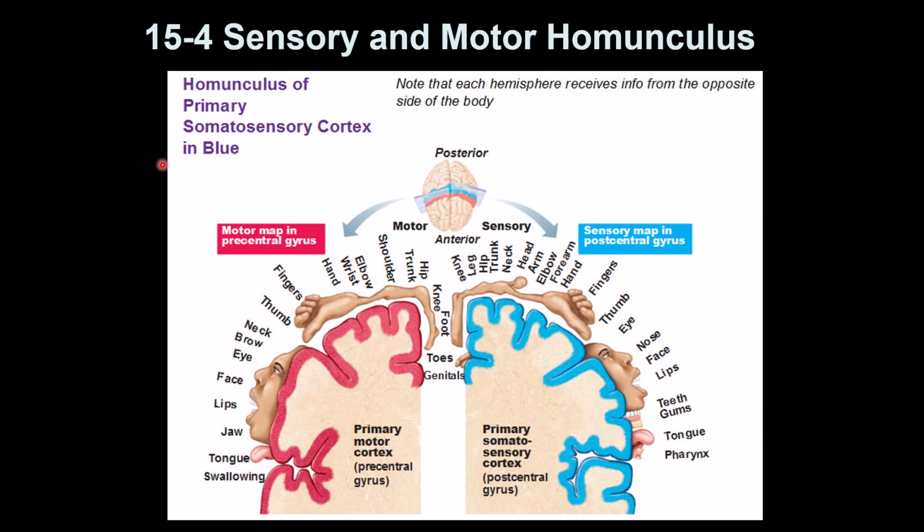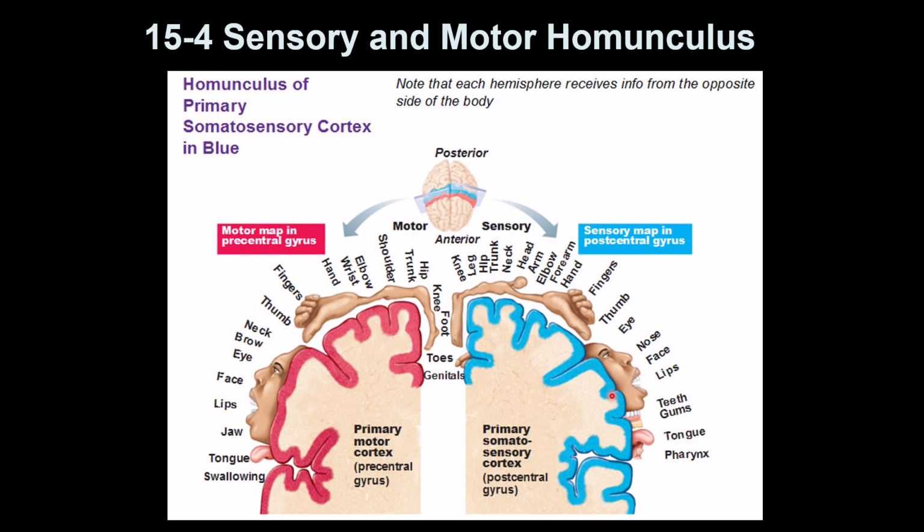So this diagram that you see is called the homunculus, okay? This is for the motor and also for sensory. I will talk only about the sensory, because motor I will talk about later. So this is part of the cortex of the brain, and you can see different parts of the cortex are responsible for processing sensory information from different parts of the body.